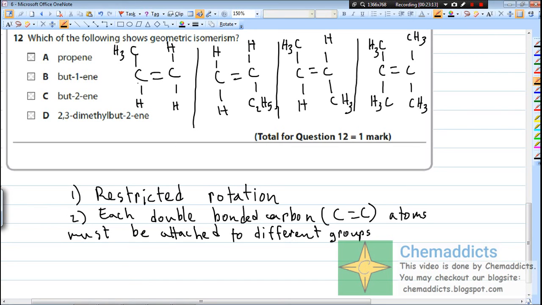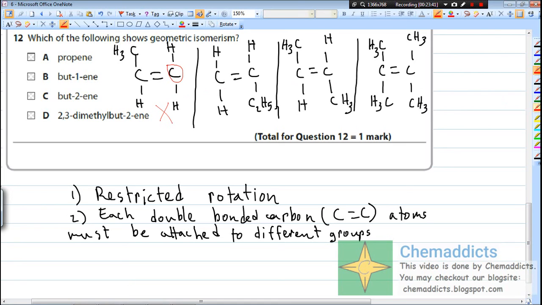So if we study these molecules, we will see that in the first one, this particular double bonded carbon atom is attached to two same groups. This is hydrogen, two hydrogens are attached to this carbon atom, so geometric isomerism is not possible for this particular molecule.